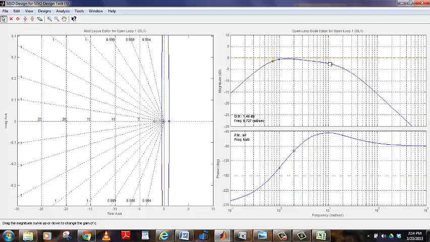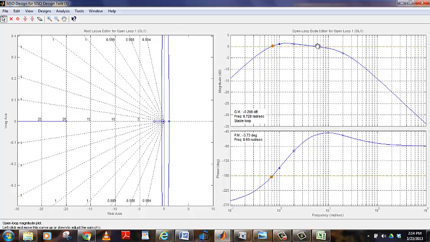And of course I can lower that down to here or so, but even if my crossover frequency is say 6 or 7, I still have a phase margin of over 90 degrees. And notice I'm getting negative gain margins. So you have to watch MATLAB. I don't know why it makes these errors, but you have to check it constantly. At least that's been my experience. Okay.